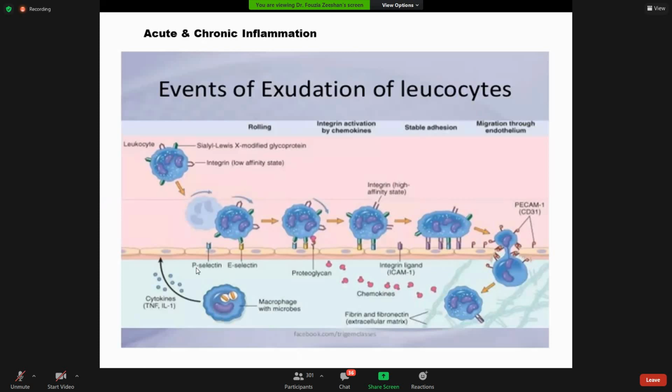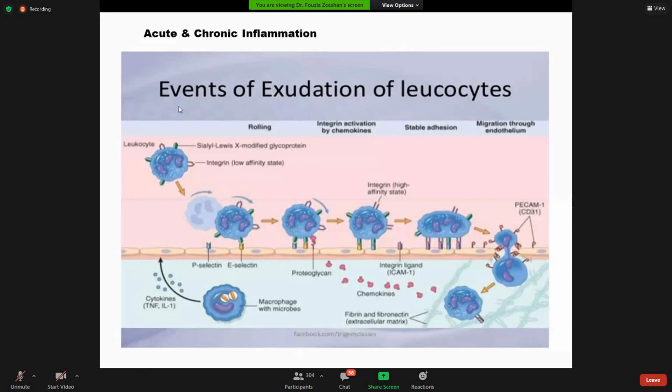In case of selectins, there are different types: P selectins, which are expressed on platelets, then E selectins, which are expressed on endothelium, and L selectins, which are used for leukocytes.